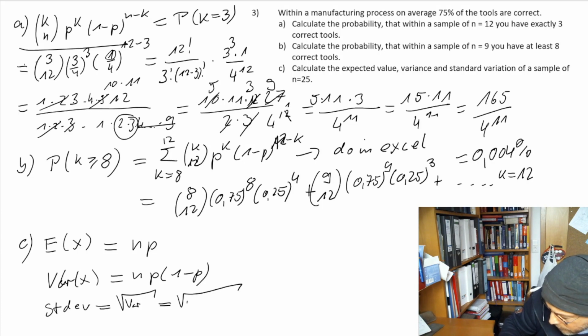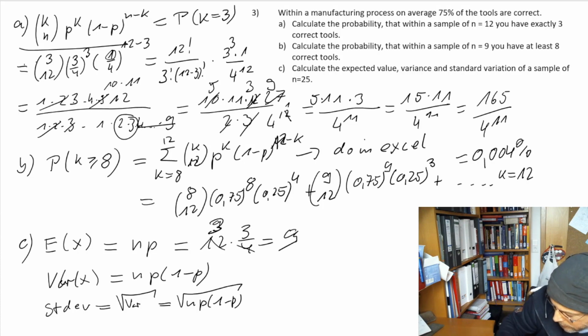So square root of np(1 minus p). So here is 12 times 3 over 4. So we have 3 times 3, that is 9, and here we have then 9 times 1 over 4, which is 9 over 4, and here we have then 3/2.